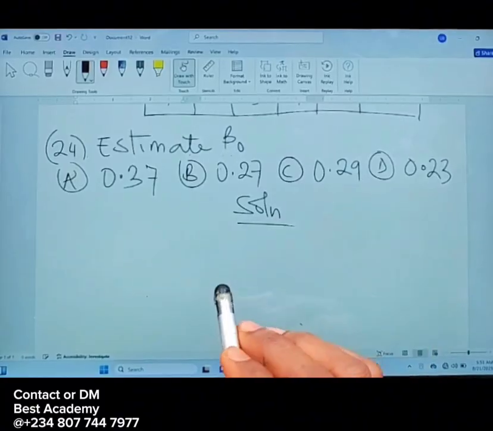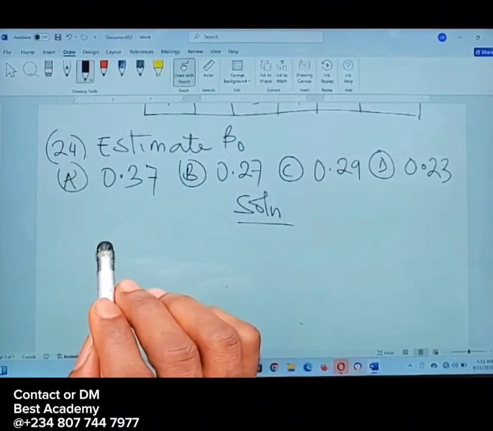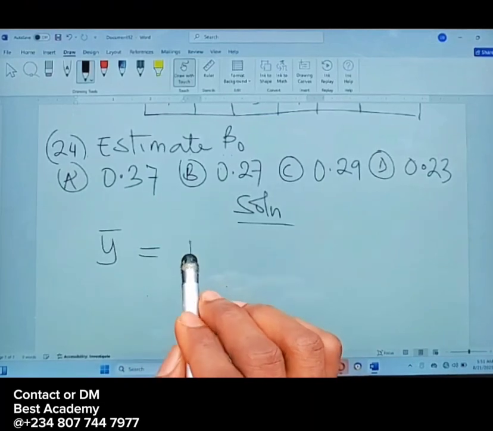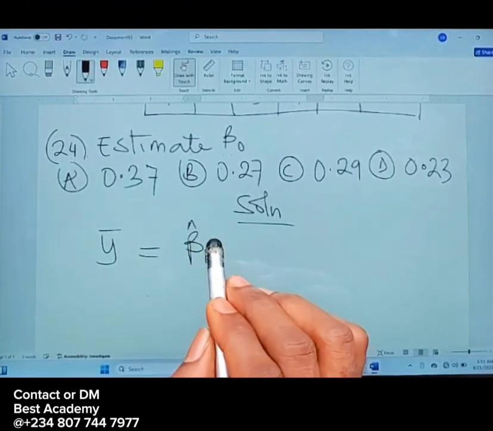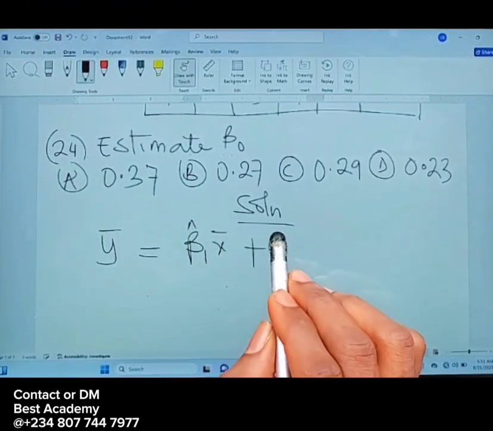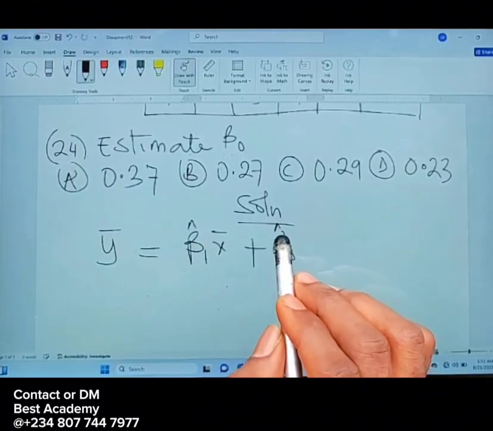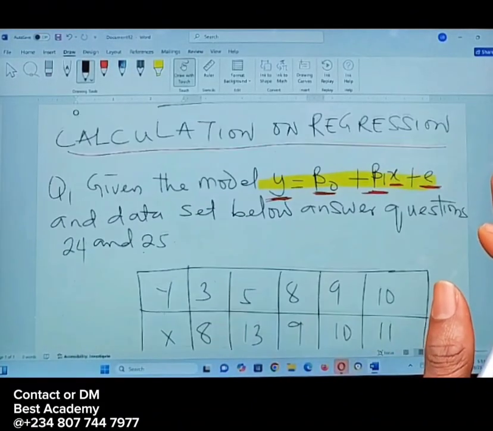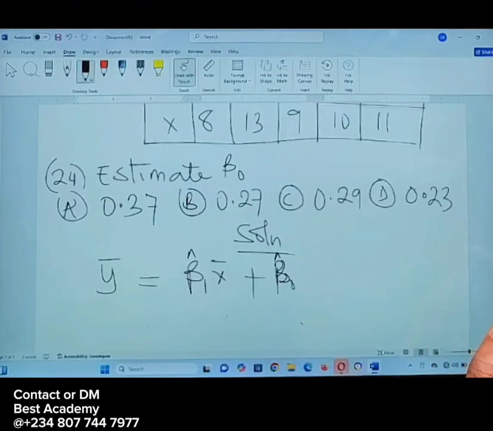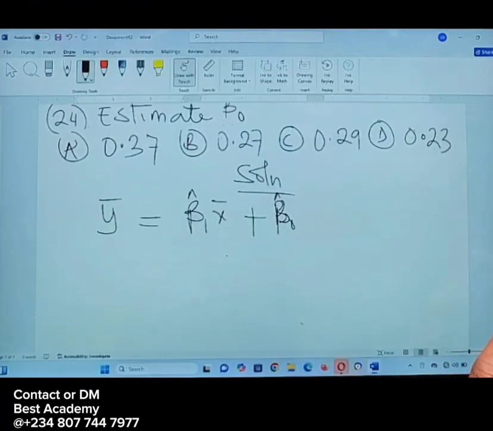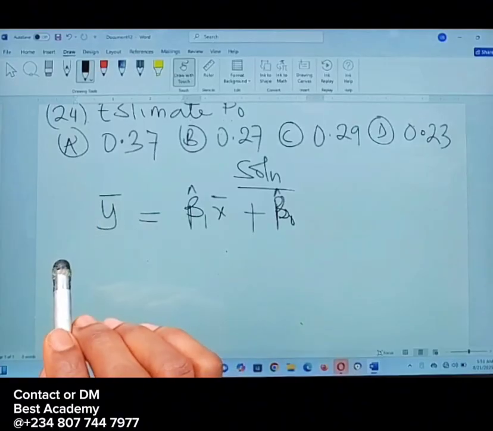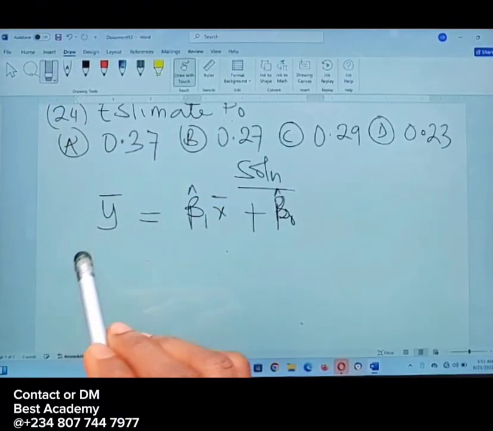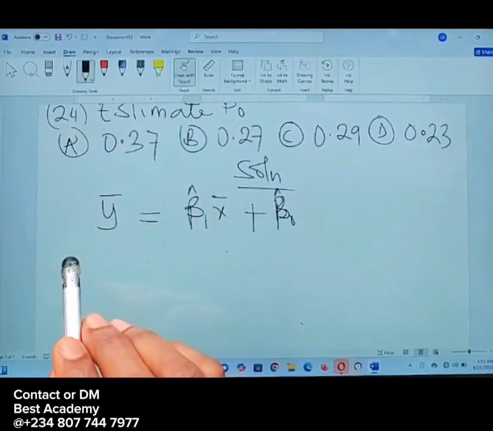Solution. So the estimation equation is y bar is equal to beta 1 hat s bar plus beta naught hat. So that is for this. Now let's find our y bar. Y bar is the mean of y, so I have to add everything divided by the frequency.